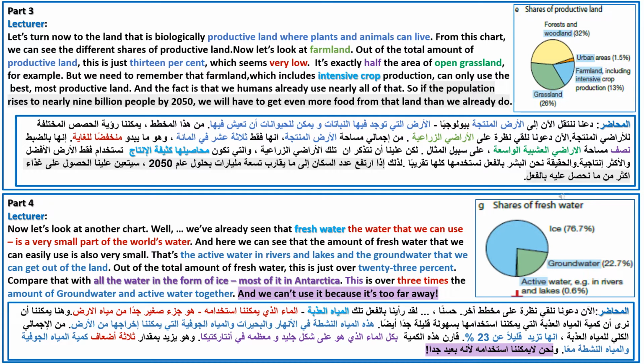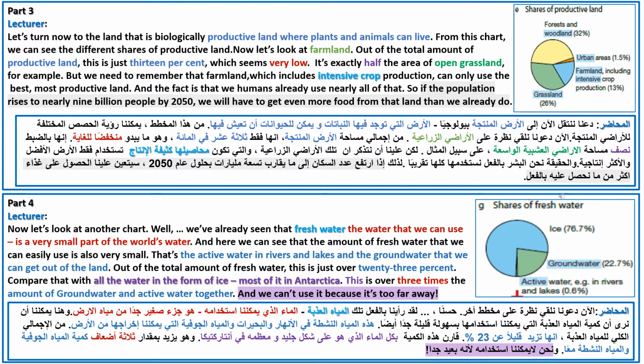It's exactly half the area of open grassland, for example. But we need to remember that farmland, which includes intensive crop production, can only use the best, most productive land. And the fact is that we humans already use nearly all of that. So if the population rises to nearly 9 billion people by 2050, we will have to get even more food from that land than we already do.